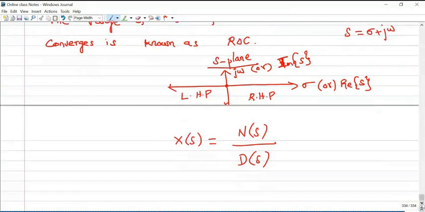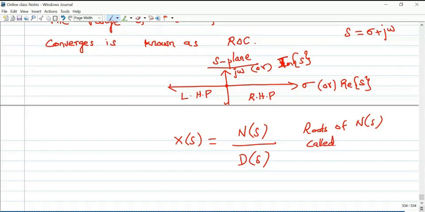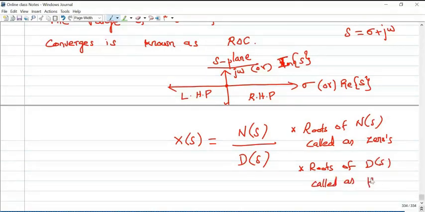If you find the roots of your numerator, they are called zeros. And the roots of the denominator section of x of s are called poles.